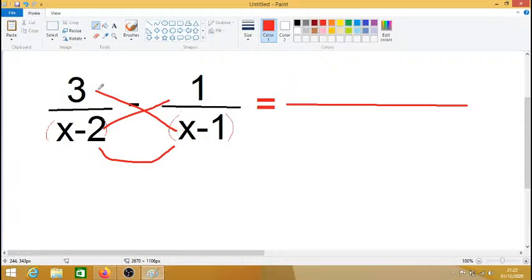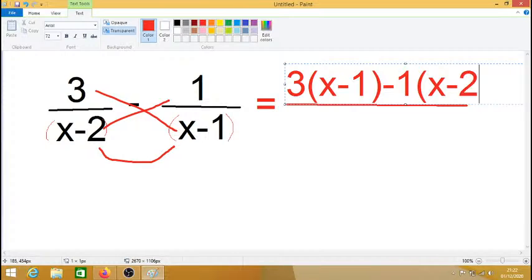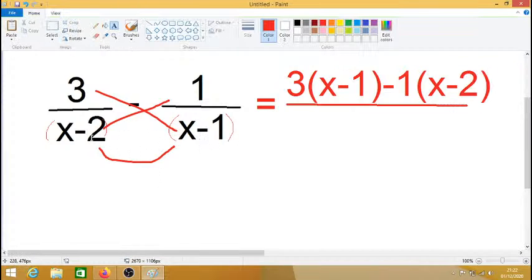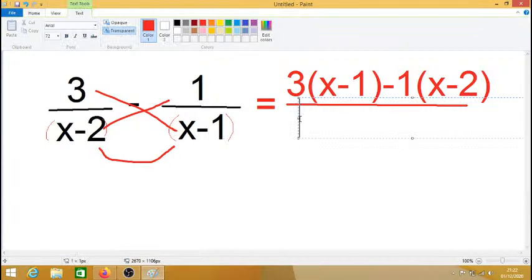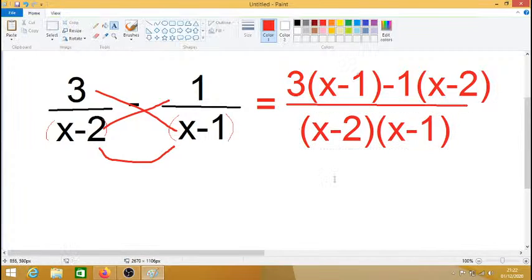So the first part of the cross, 3 times the x minus 1. And then I've got a minus in between the fractions. And then the second part of the cross is 1 times x minus 2. And then the smile tells us to multiply the two denominators. So x minus 2, x minus 1.